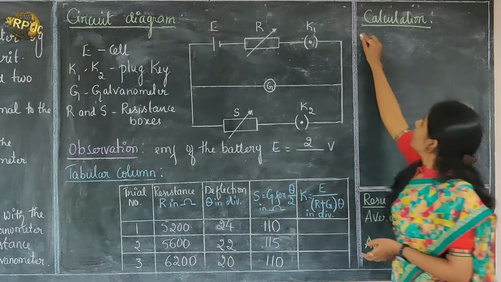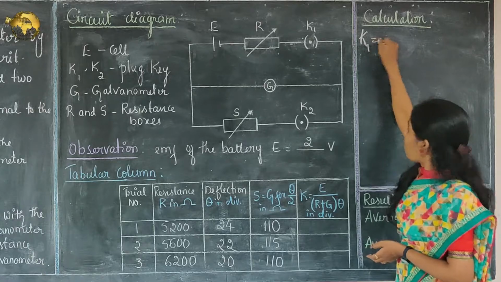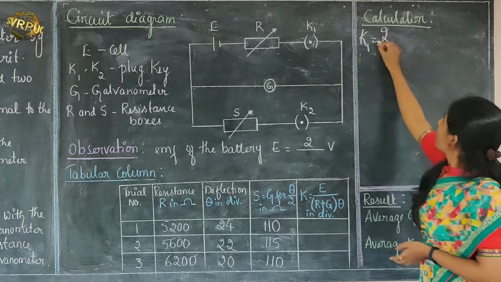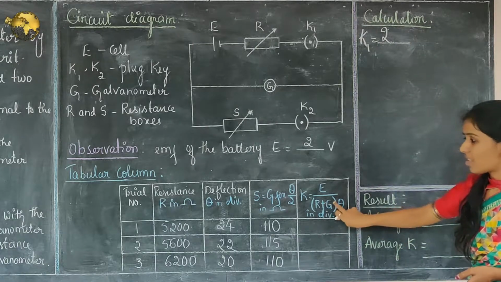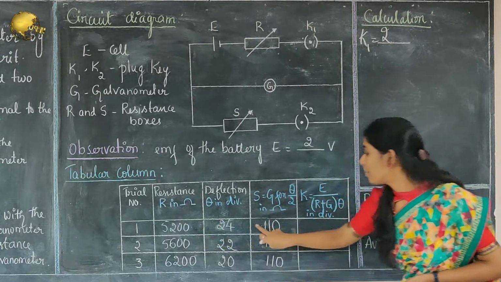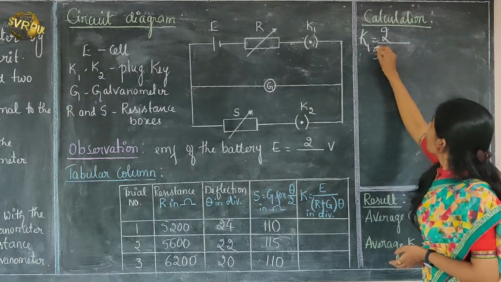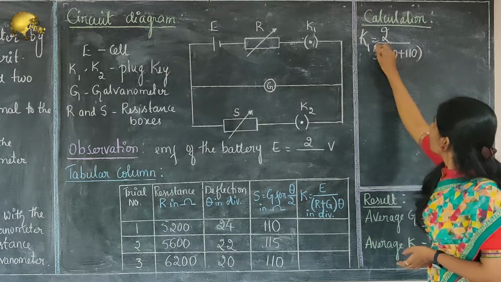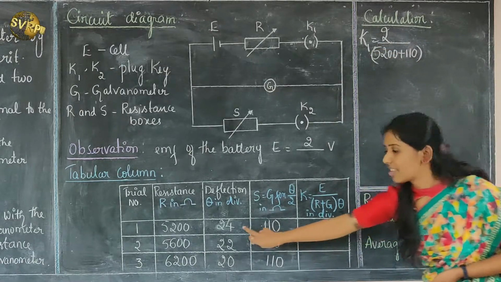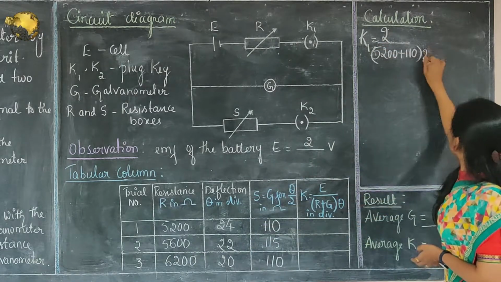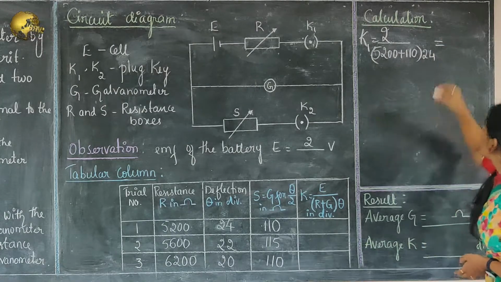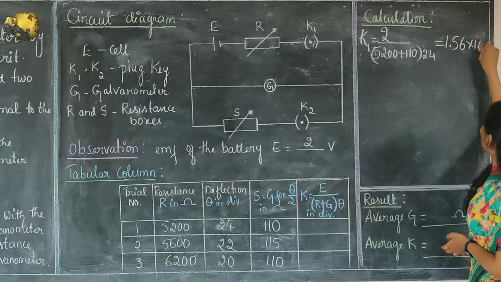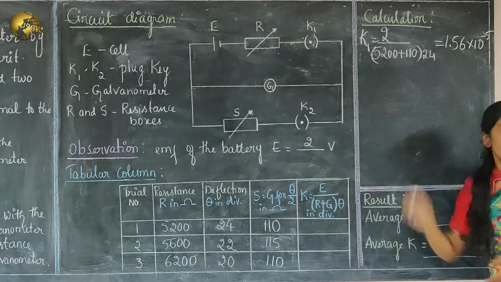Substituting this, we'll get K1 is equal to E, which is 2 volt, divided by (R plus G), that is 5200 plus 110, into theta, that is 24. Approximately it comes to 1.56 into 10 power minus 5.